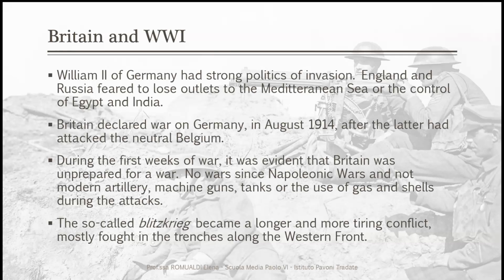William II of Germany had a strong politics of invasion, and they tried to extend the power of Germany over the Balkan states, which meant for England and also for Russia the loss of the outlets to the Mediterranean Sea, and eventually the control of Egypt and India, because as you can see in geography, Britain needs to go through the sea in order to reach Egypt and India. Without this outlet to the Mediterranean Sea, it was impossible for England to reach Egypt.